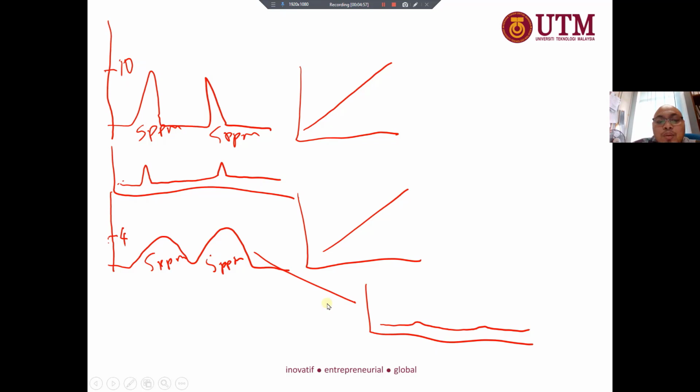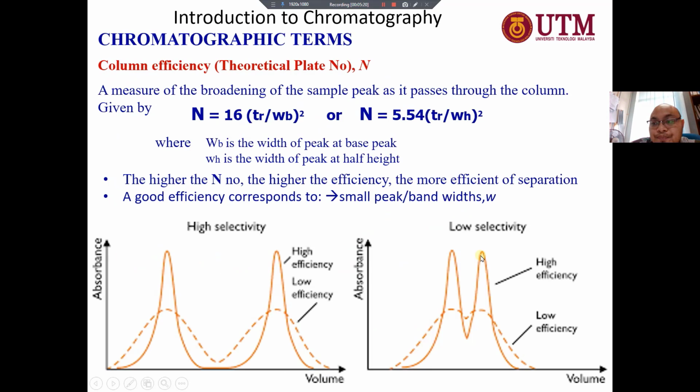So that's why we need a column or analysis with high efficiency. When you do your calibration curve, you can go to ppb level, instead of here, maybe only ppm level. So you need to have very good efficiency.